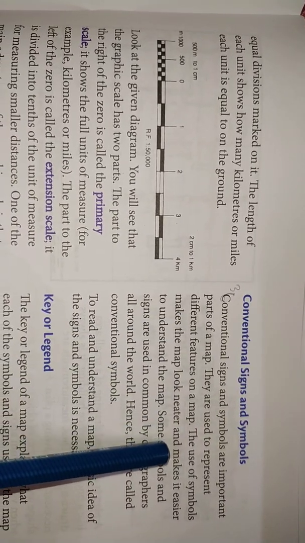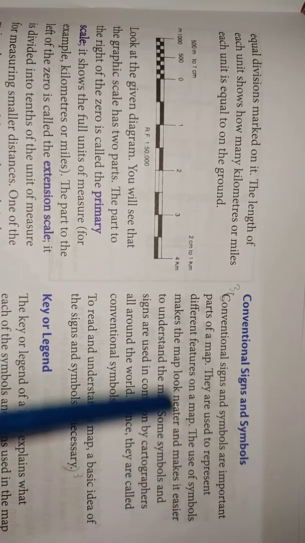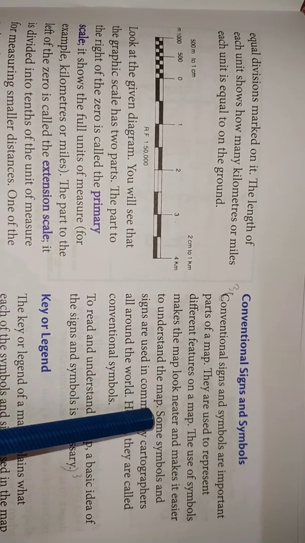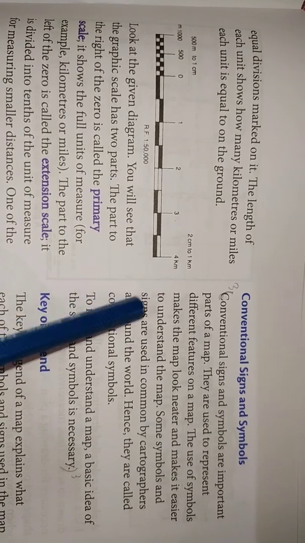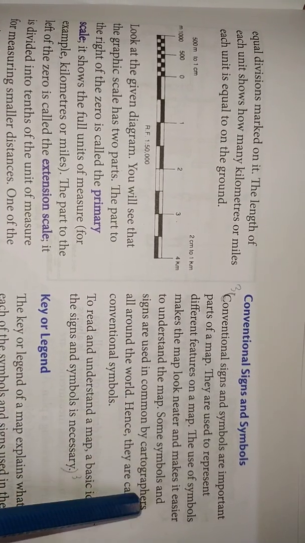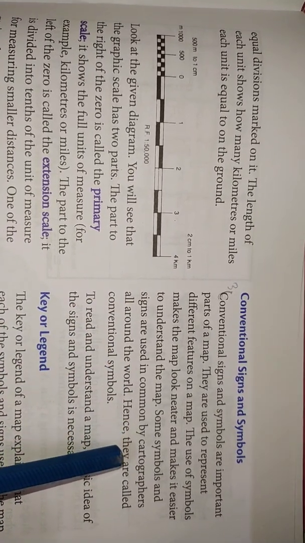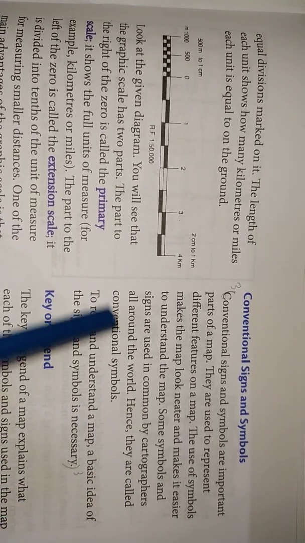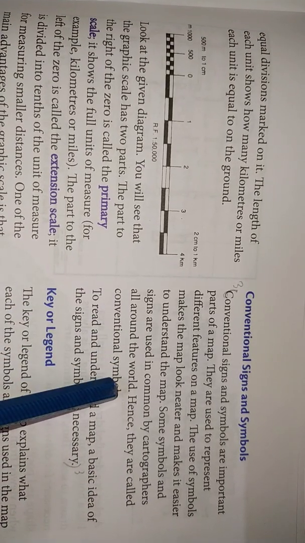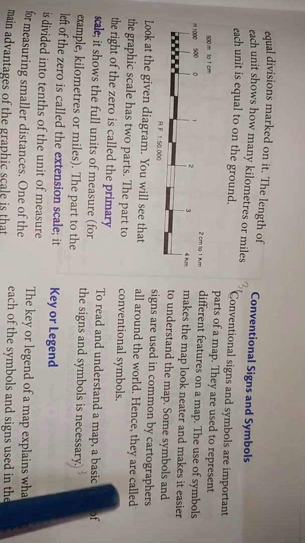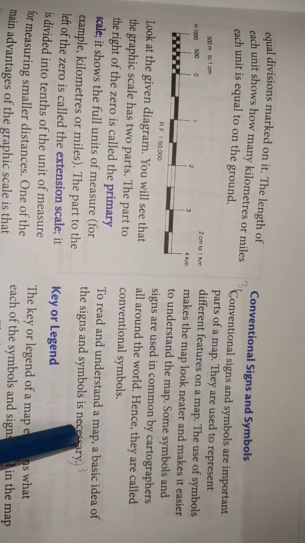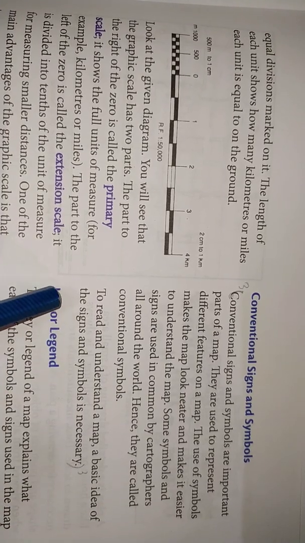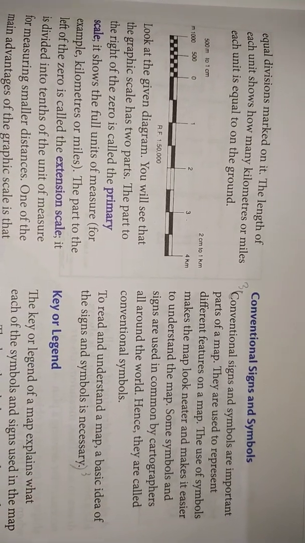The use of symbols makes the map look neater, and makes it easier to understand the map. Some symbols or signs are used in common by cartographers all around the world. So they are called conventional symbols. To read and understand a map, a basic idea of the signs and symbols is necessary.